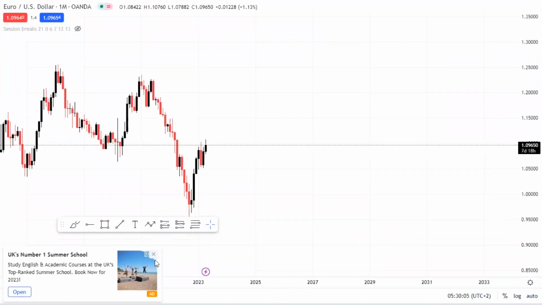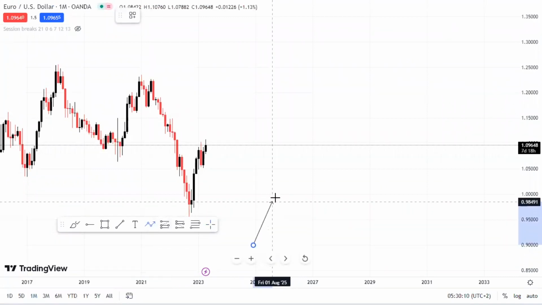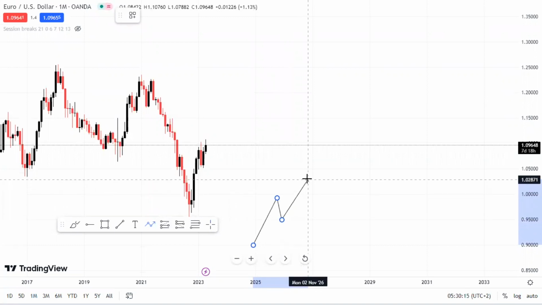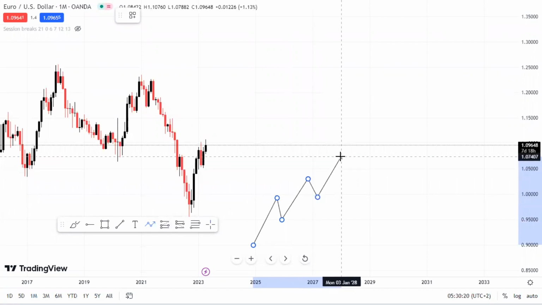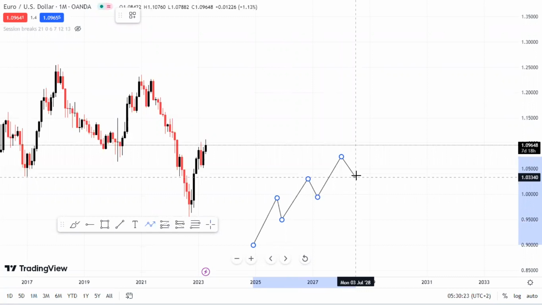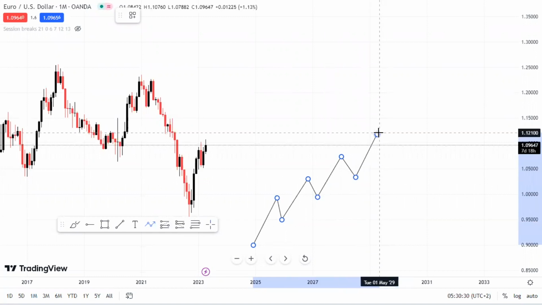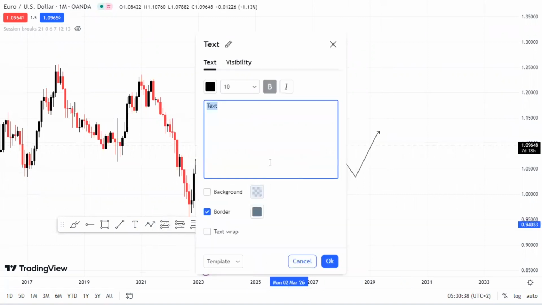If you pay close attention to the charts, right, we seem to be moving in a push, exhaustion, push, exhaustion, push, exhaustion, push, right? These pushes and exhaustions, for example, these are higher lows.